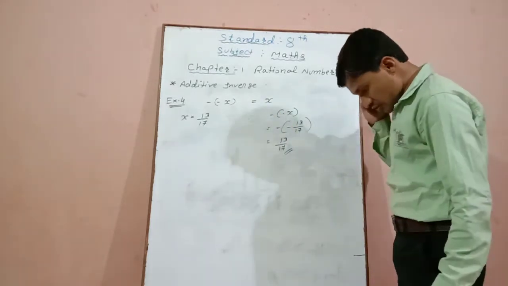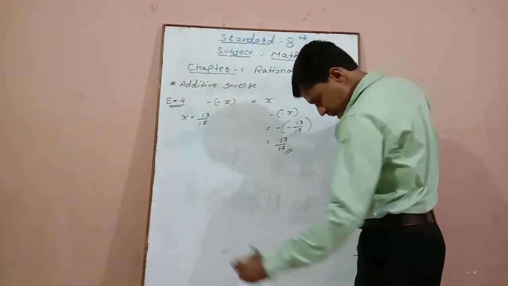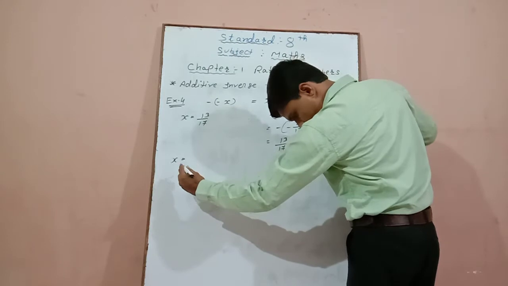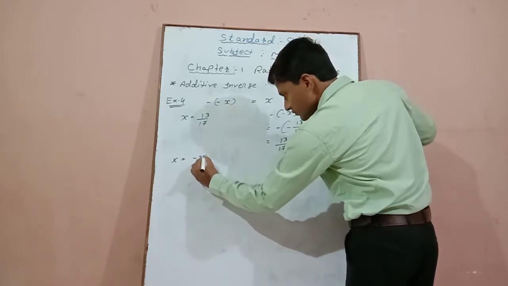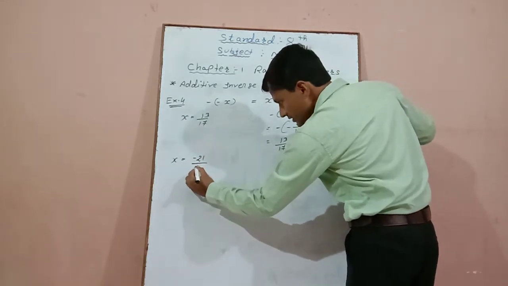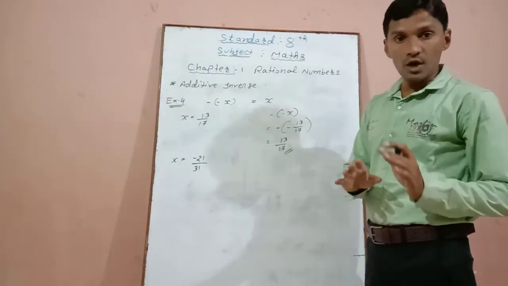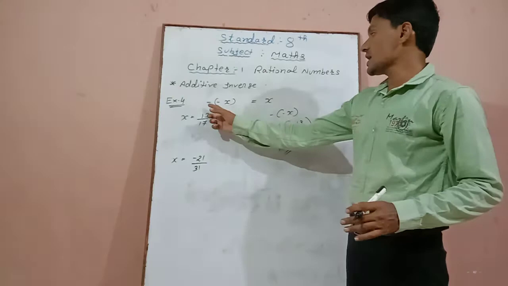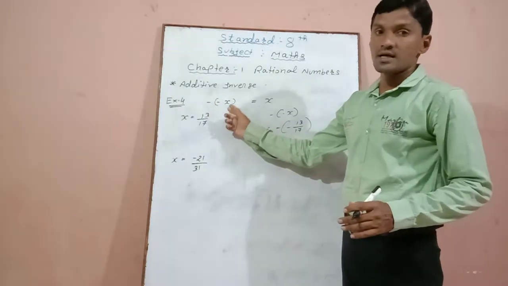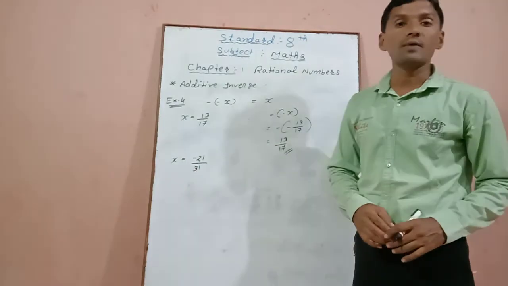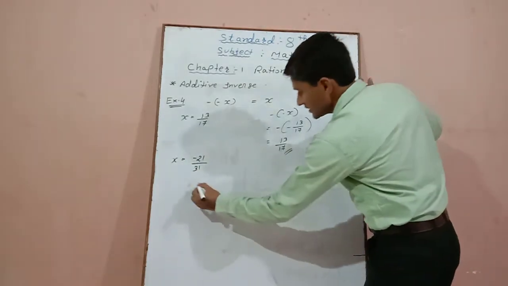Okay. The second question is x is equal to minus 21 divided by 31. Here the value of x is minus 21 divided by 31. Now we have to prove that if we take minus of minus x, then also the answer must be minus 21 divided by 31. Let us see.